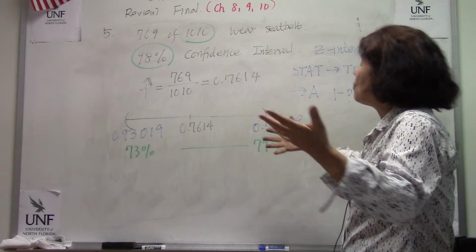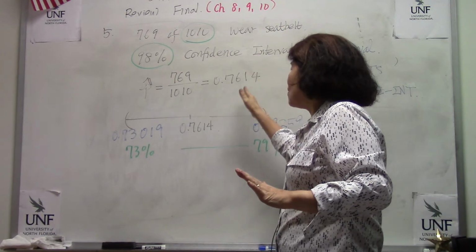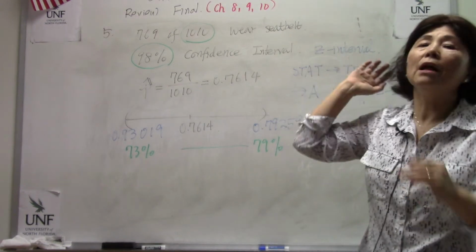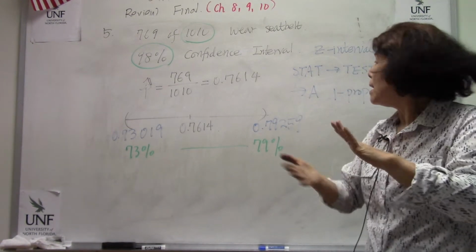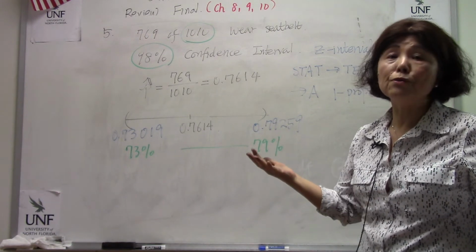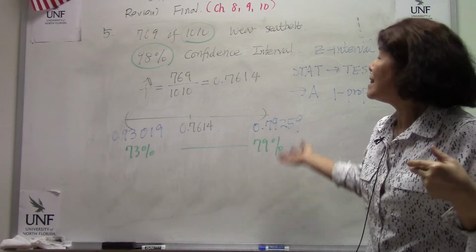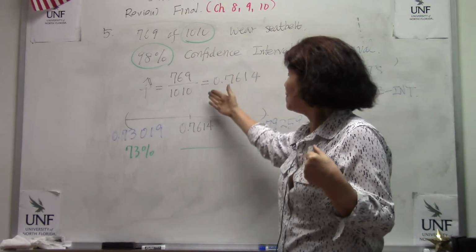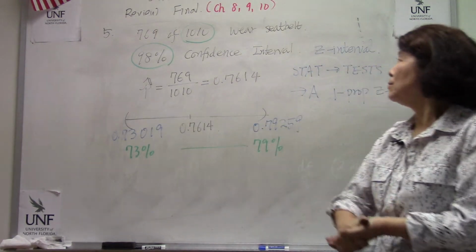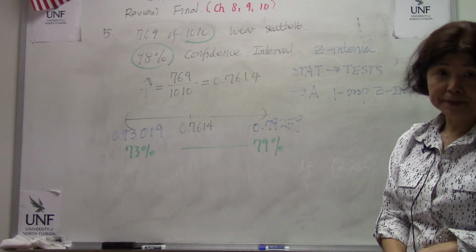So that means when you make many intervals, 98% of those intervals will contain the true p, the true proportion, which we do not know, which we will never know. But 98% of intervals will include the true proportion. That is the understanding.